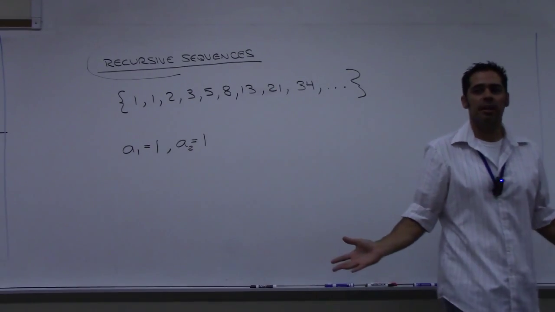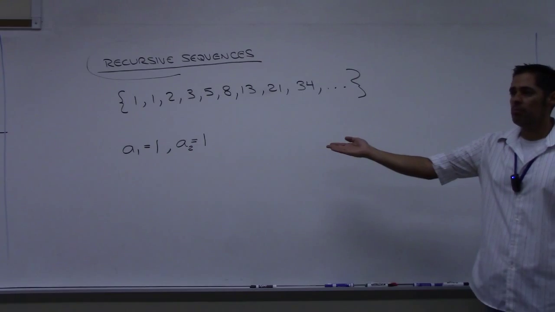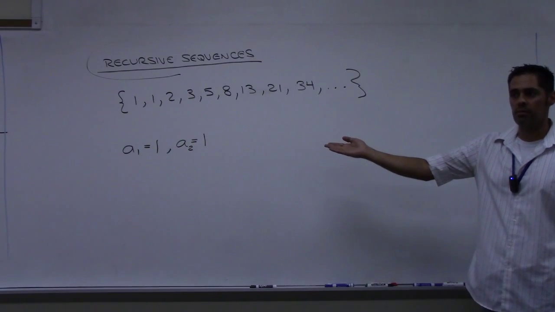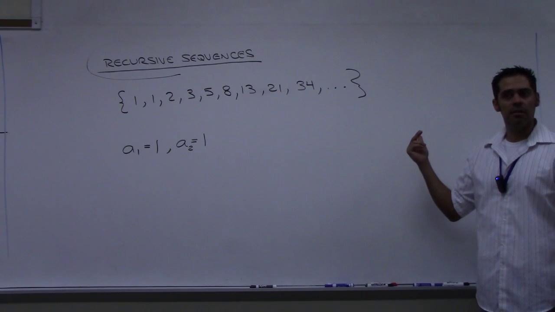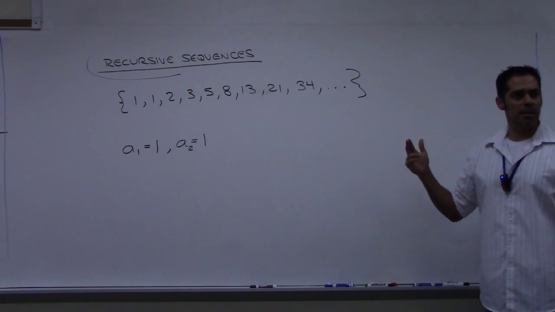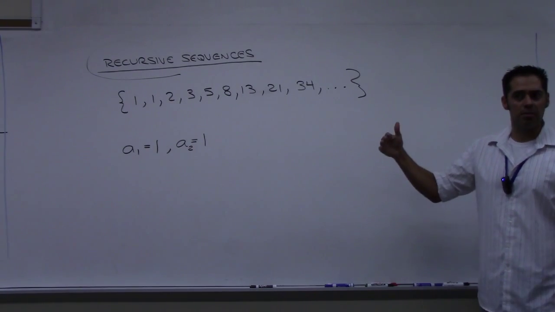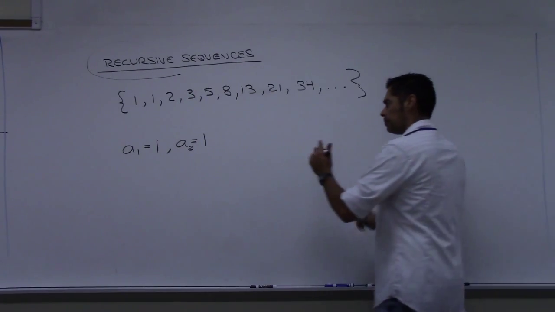After that, do you need anything else? You just need to know what to do with those, right? What do you do with those? To get the third one, you add those up. To get the fourth one, you add the previous 2 up. To get the fifth one, previous 2, right? So what I know is this.